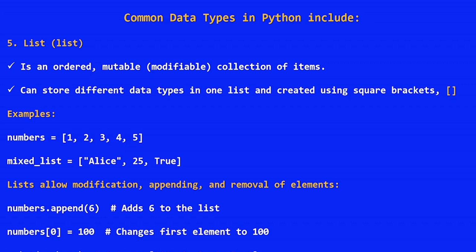Number 1 is at position 0 in Python's memory, but in human counting it is at position 1. That's why position 1 value will be changed to 100. Now if you print numbers, we should get that 100 has replaced what was in position 1. So let us navigate to VS Code.